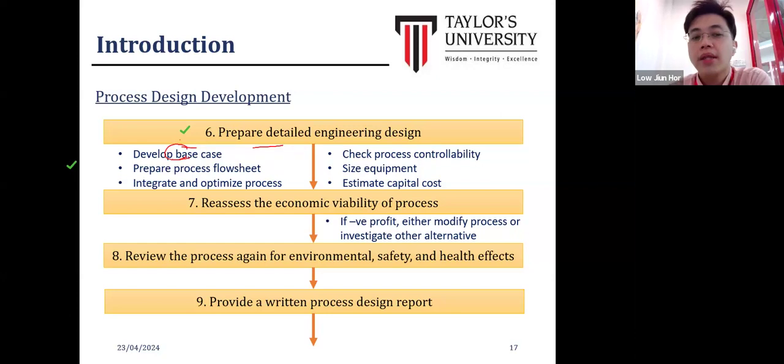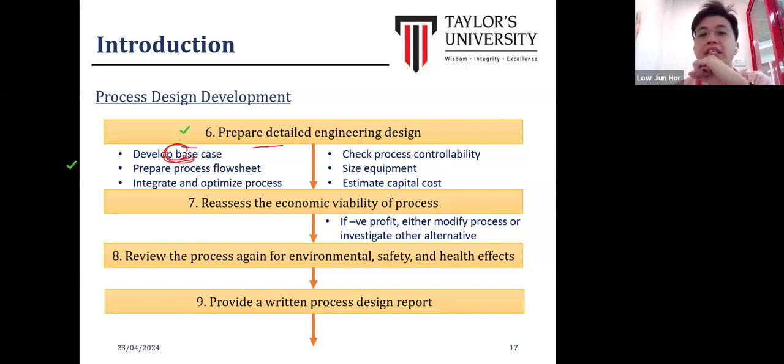Meaning that the product that we are going to produce and the technology or process that we are going to select are considered as the basis that allows us to know how to start with our chemical plant design. This is what we call the base case.